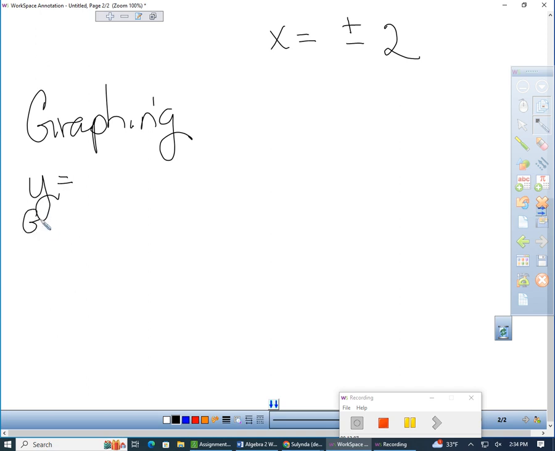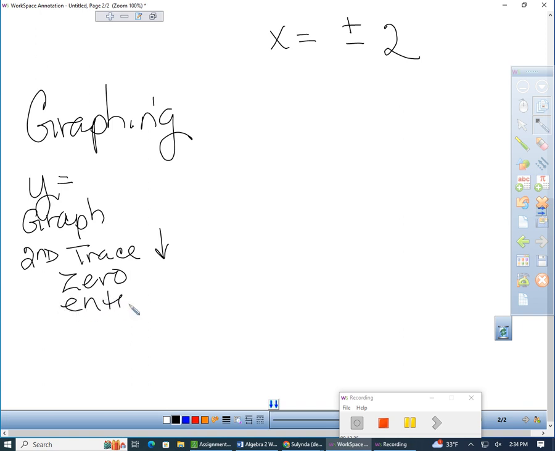And then you graph. After you graph, we go second, trace, and down to 0. And then enter, enter. When you hit enter, down in the bottom left corner, it's going to say left bound. You have to move your cursor.